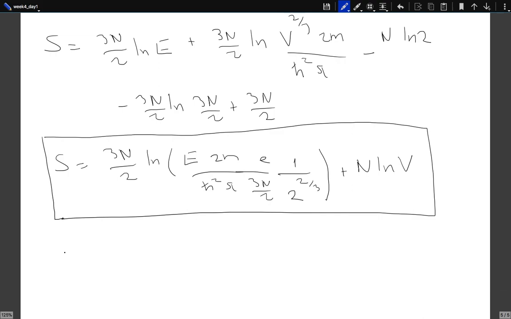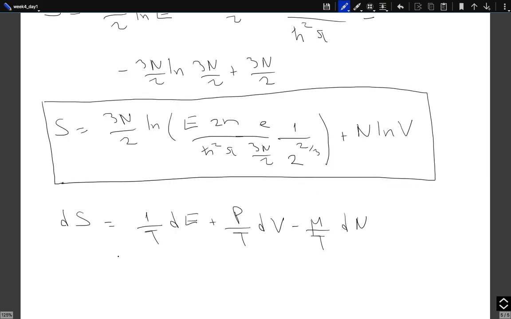And from this expression, basically, we can derive everything. If you remember our thermodynamic relationship, the first law of thermodynamics written in this form: 1 over T dE plus P over T dV minus mu over T dN. So the temperature of this system is the derivative of entropy with respect to energy, keeping V and N constant.